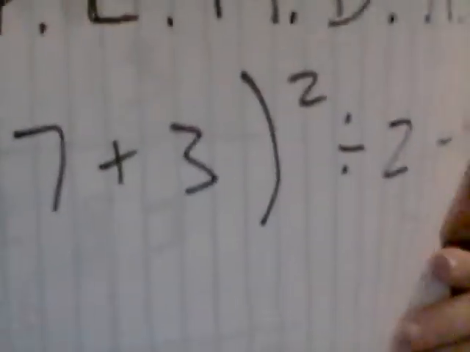Using PEMDAS, we first focus on parentheses. 7 plus 3 is 10. Then you have that exponent, 2. 10 times 10 is 100. Then you divide that by 2, which gives you 50. And then, add and subtract, minus 4 gives you 46. That is PEMDAS. Wow, we did it.